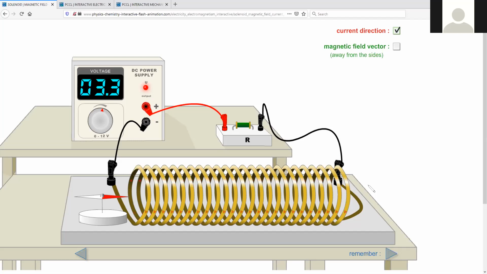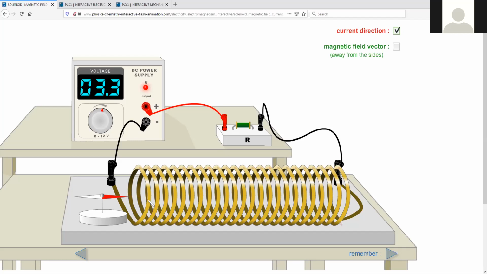So this right hand side will actually behave as North Pole. And that's why you can see this compass is actually the red is pointing towards the right side. That means that is the North Pole of this particular magnet, right?